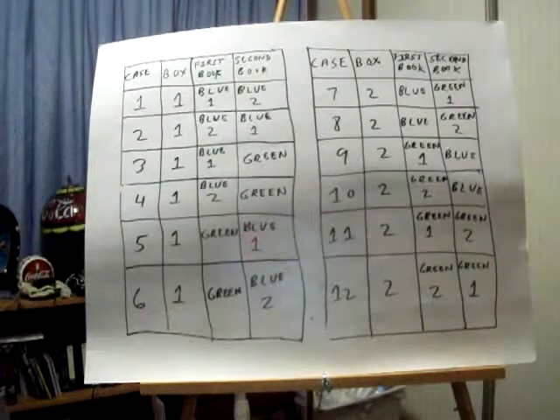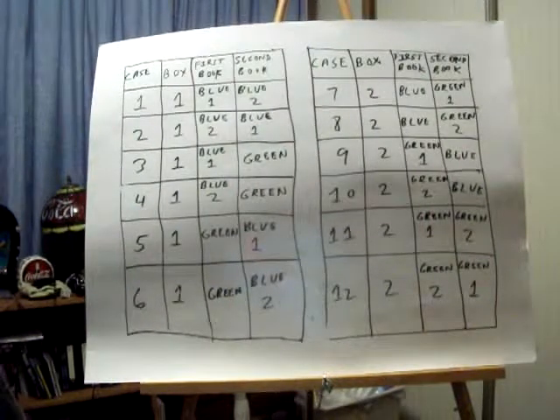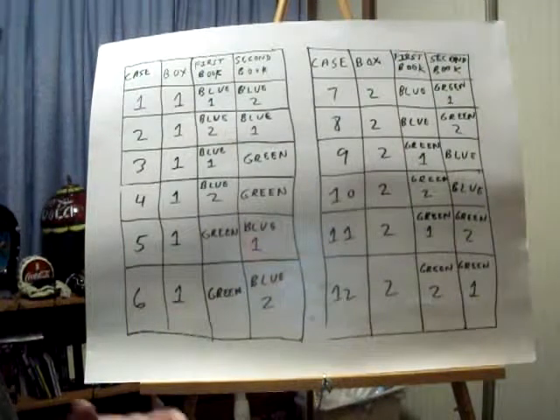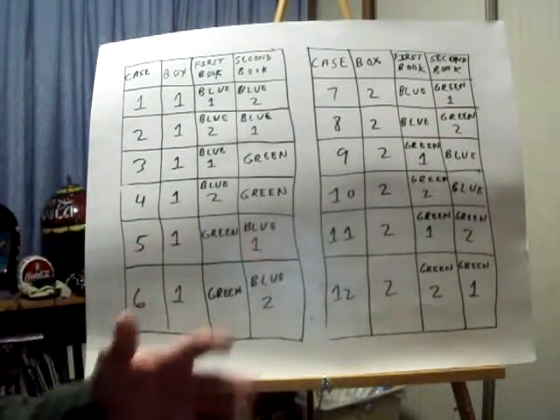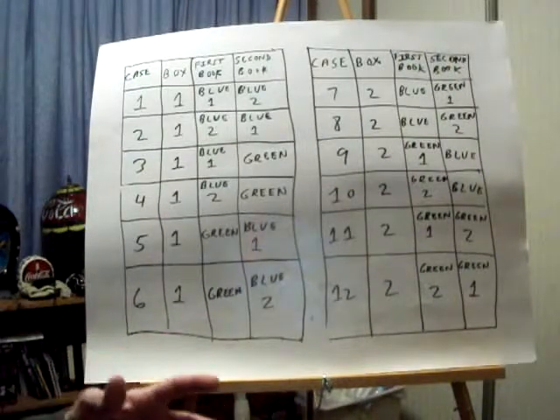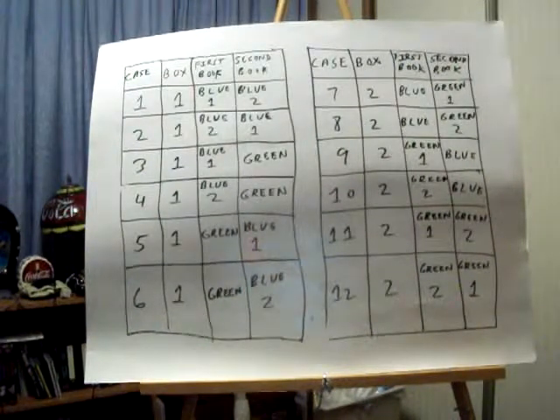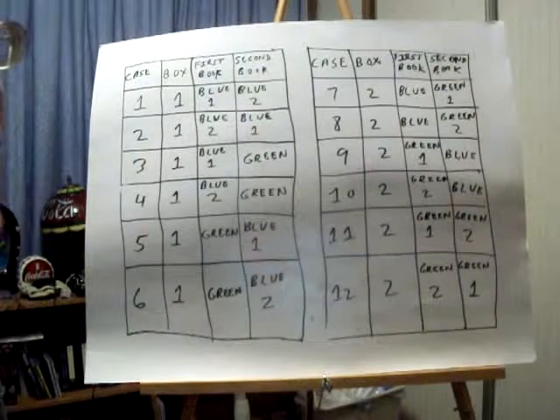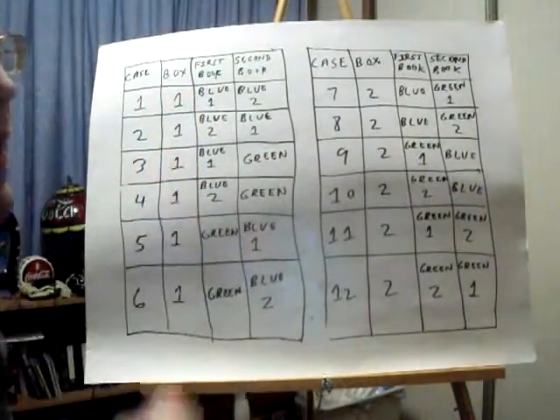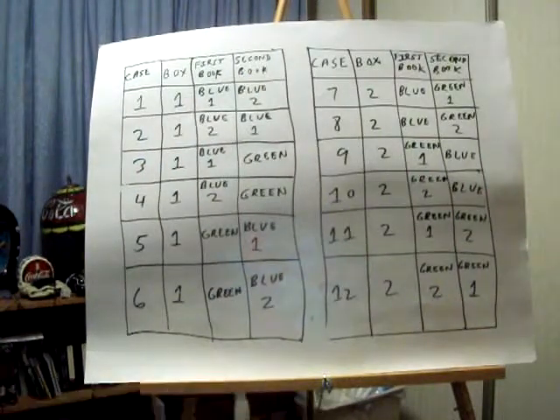Well, now, you're not just saying, hey, we drew 2 books out of the box, and some of them were blue and some of them were green. Now you're saying, alright, what's the possibility that the first book I draw out of that box is going to be the blue number 1, and the second book I draw out of this box is going to be the blue number 2?